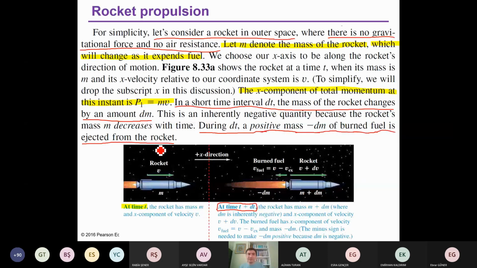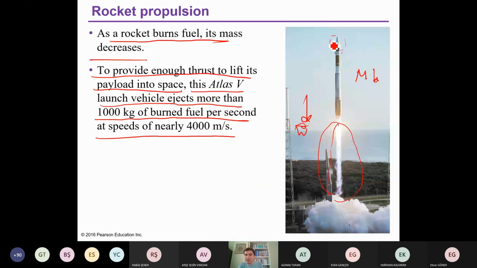For simplicity, first of all, let's consider a rocket in outer space. Why are we considering a rocket in outer space? Because we don't want to deal with the gravity. We don't want to deal with the air resistance. Okay, actually, in this condition, there is a gravity, okay? And this rocket has certain weight, and there is also air resistance, okay?